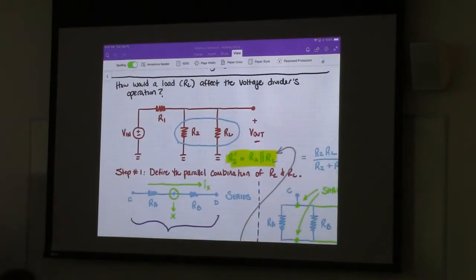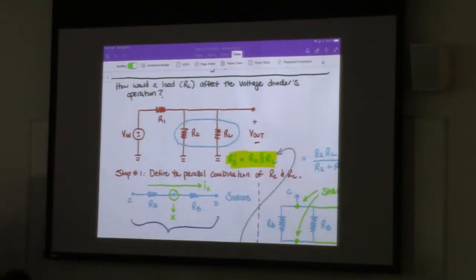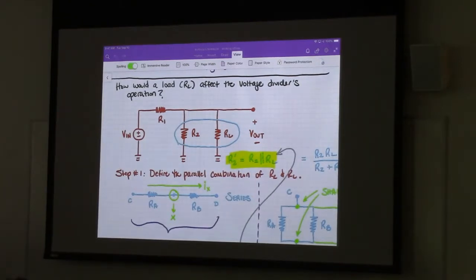Lastly, we talked about what would happen if we added a load in there. And what we saw was, well, first off, the voltage divider without any load is essentially not a very useful circuit, right? You're going to want to attach a load at some point, or else you'll never be able to use, quote unquote, use that voltage.